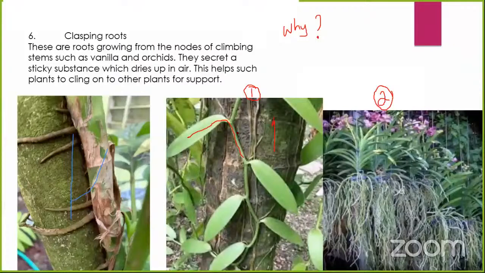If the plant is growing from the ground, it's not going to compete for the sun favorably. So they instead develop roots that modify as clasping roots, so that they can attach themselves on these huge tall plants, grow upward and carry out photosynthesis. For support, because they normally have weak stems.